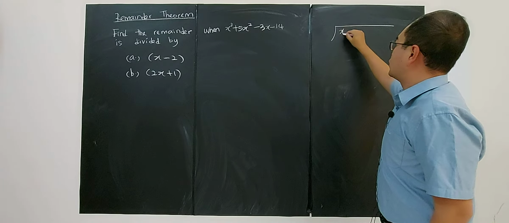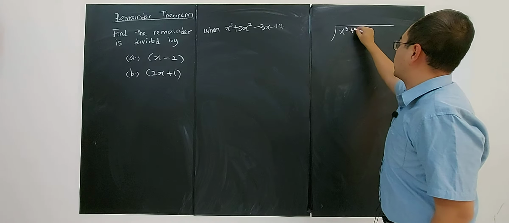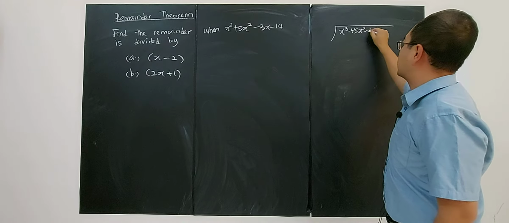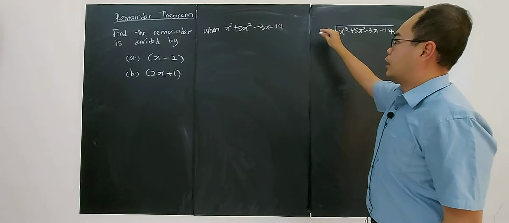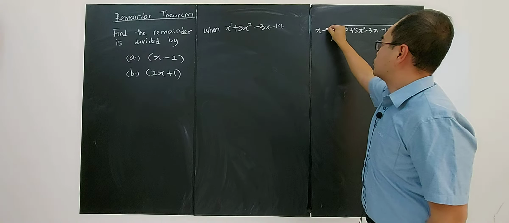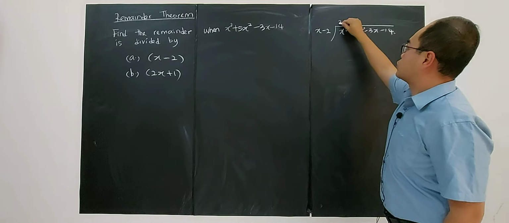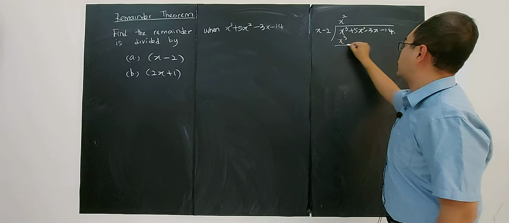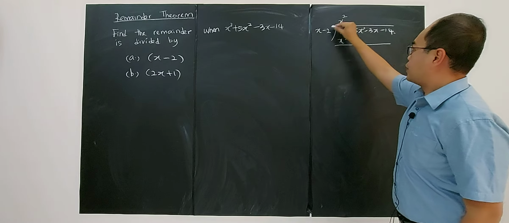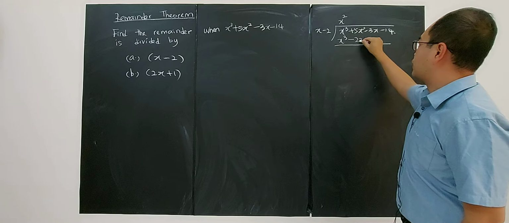When you do long division, for example, x cubed plus 5x squared minus 3x minus 14 divided by x minus 2, you get x squared, so x cubed minus 2x squared.